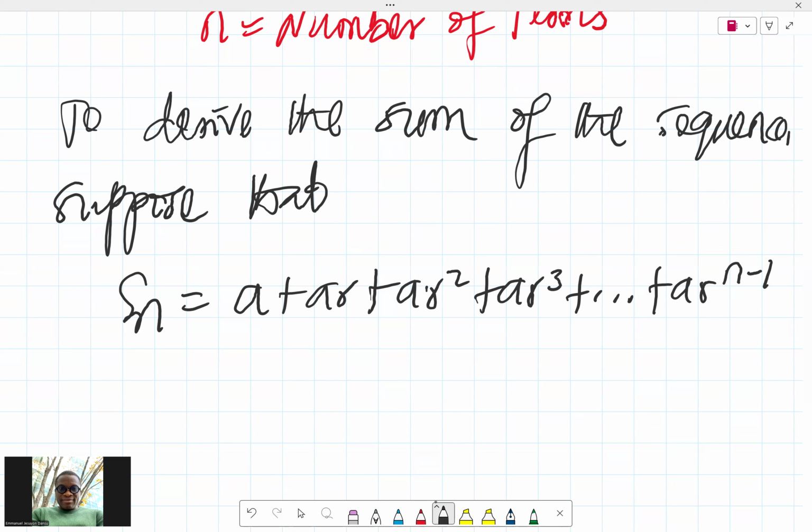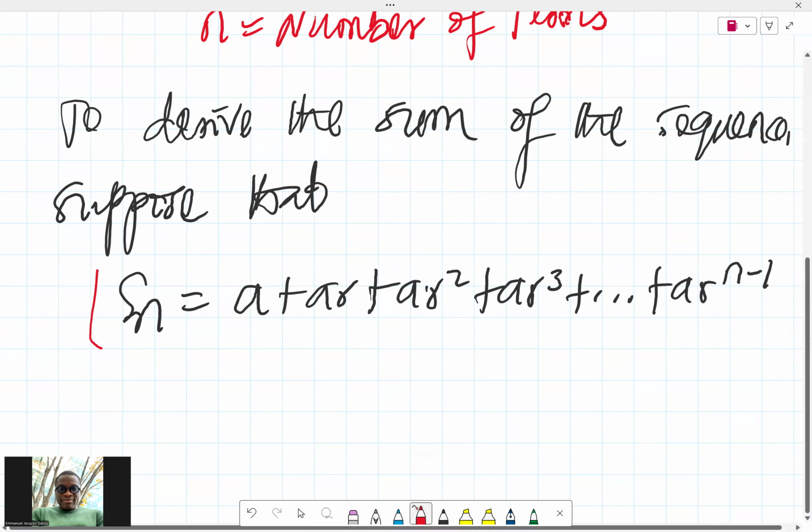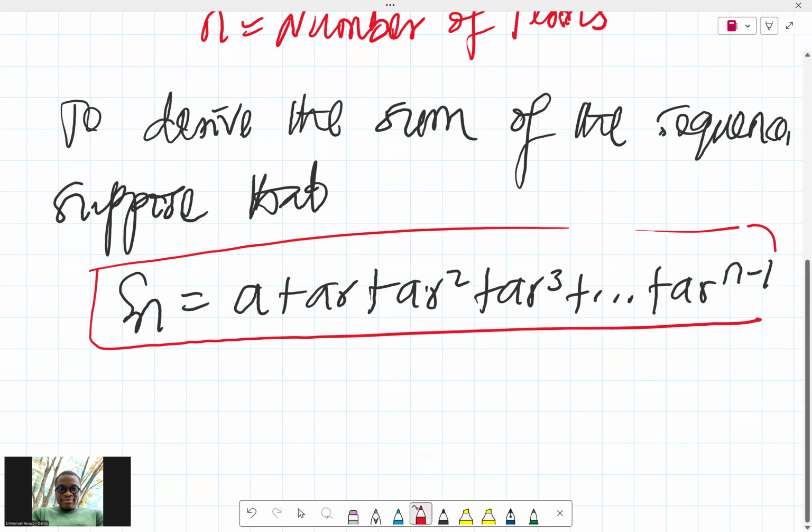All right. So this is the sum in literal terms. That's us adding everything together, but it's not realistic if we have several terms, right?